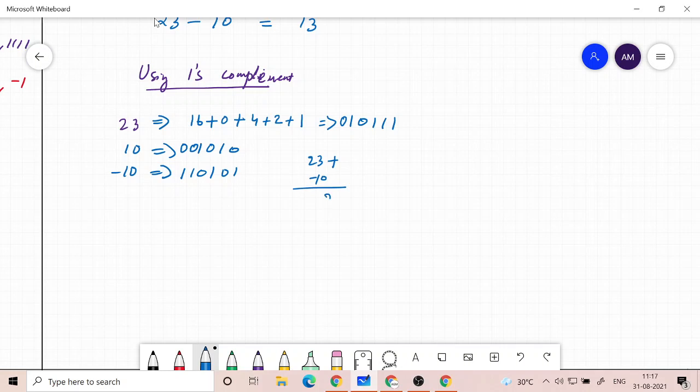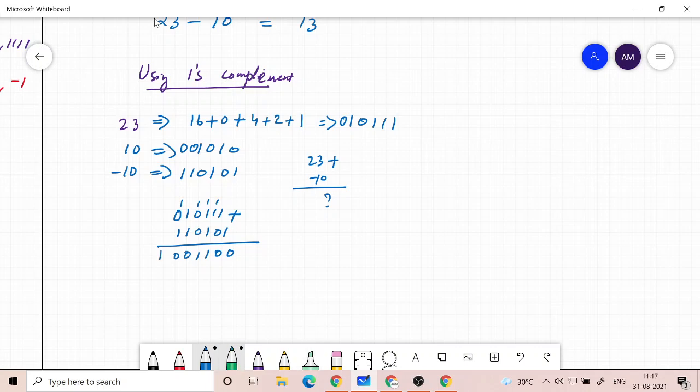So we write 23 as 0 1 0 1 1 1, plus minus 10, which I write as 1 1 0 1 0 1. So 1 plus 1 is 0 carry 1, 1 plus 1 is 0 carry 1, 1 plus 1 plus 1 is 1 carry 1, 1 plus 1 is 0, 1 plus 1 is 0.